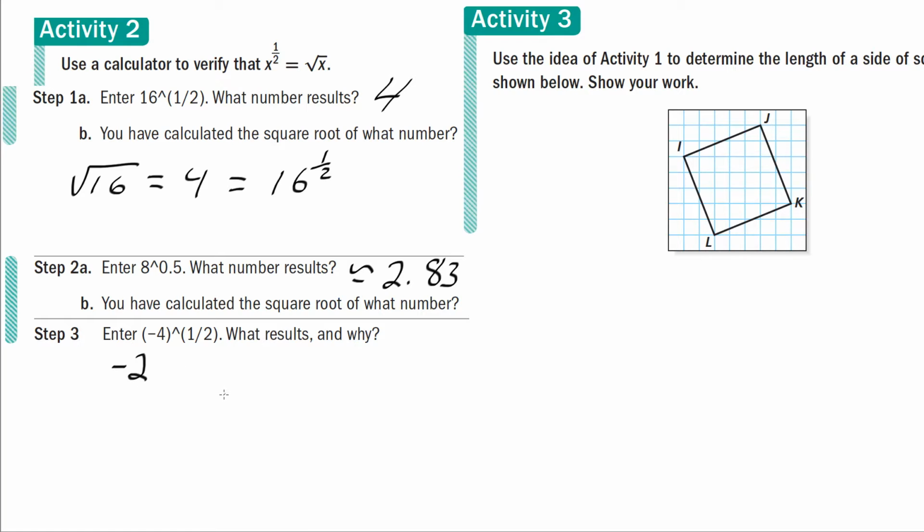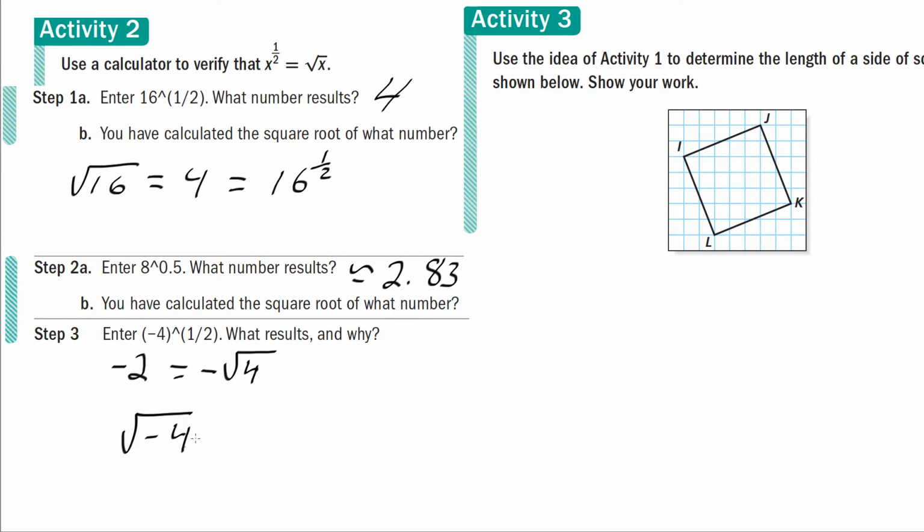You didn't put the parentheses around the negative 4, and what you got was the negative root 4. So this is equal to the negative of the square root of 4, which is not what you were asked to find out. You were asked to find out the square root of a negative 4.